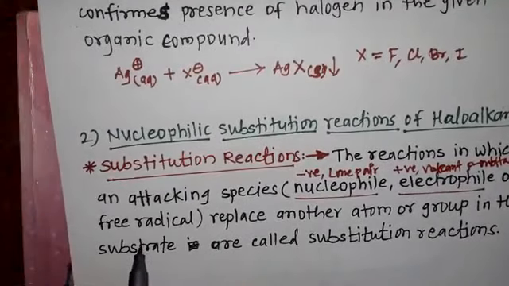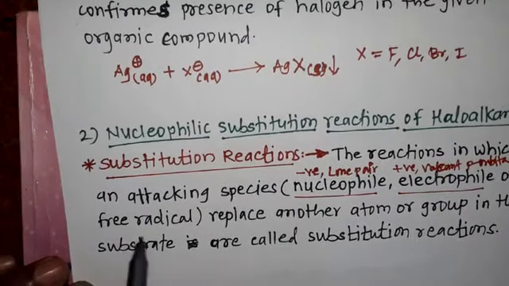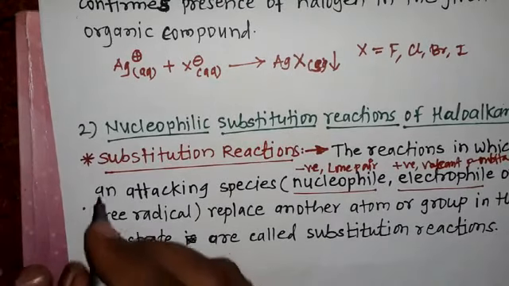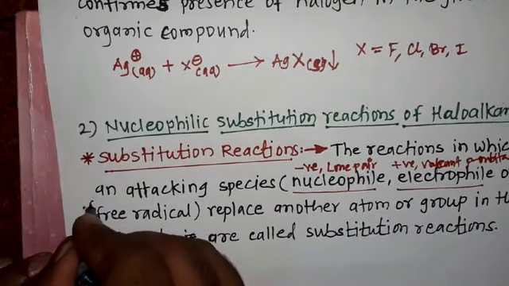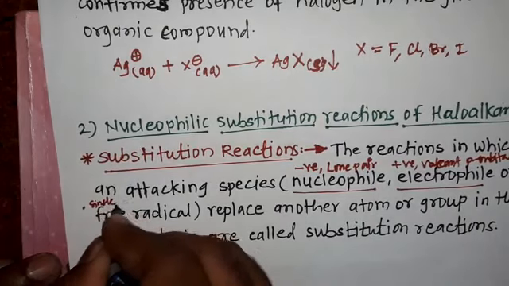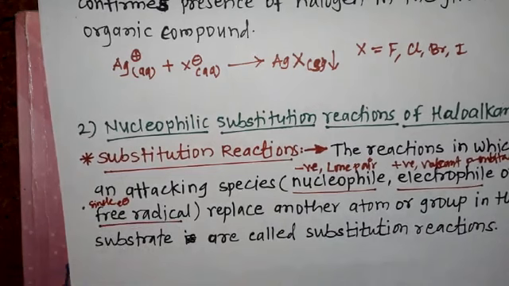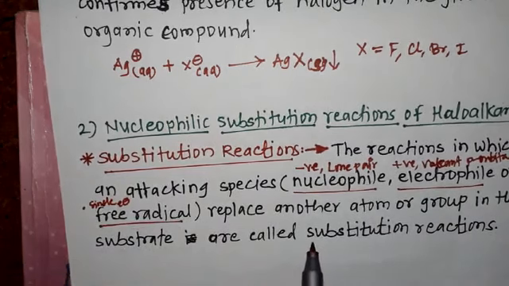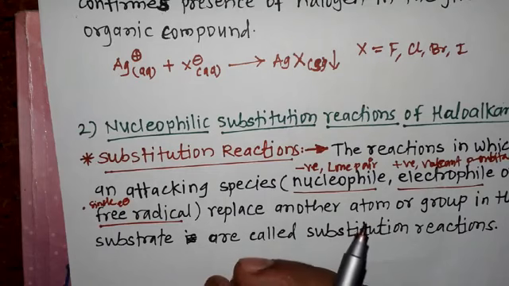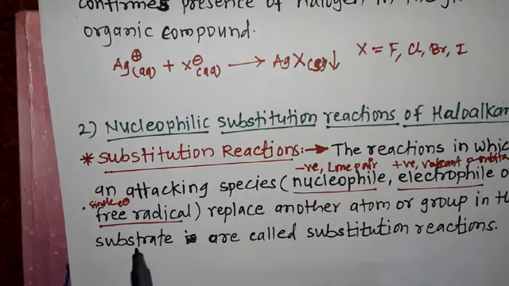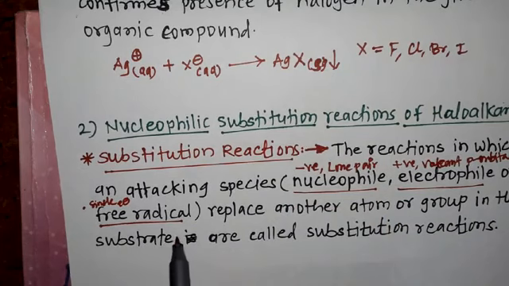And the third type of attacking species is free radical, means in valence orbital there is a single electron, means octet of free radical is incomplete, and due to the incomplete octet it behaves like electrophile and becomes a reactive species, hence it attacks other species.